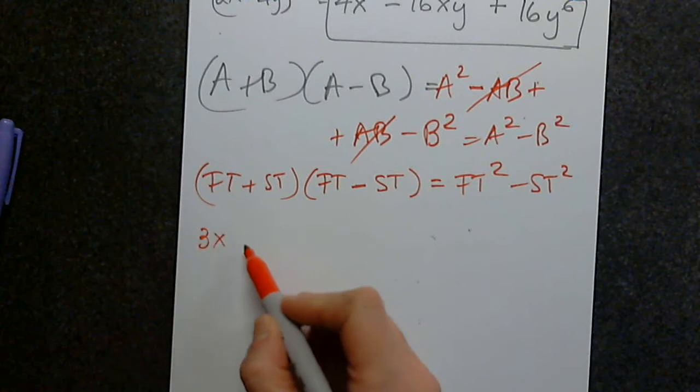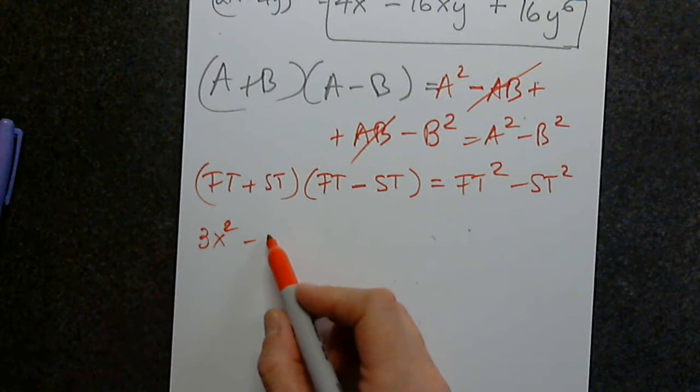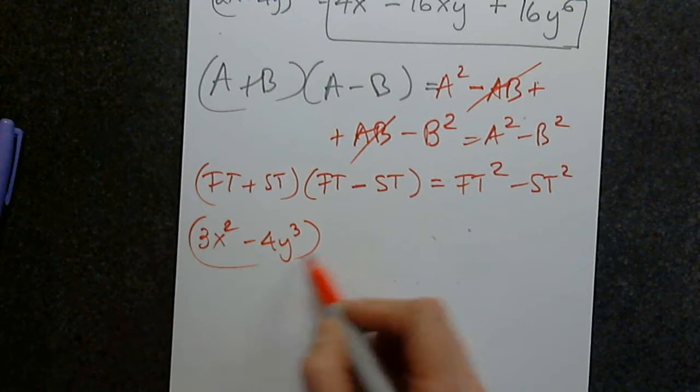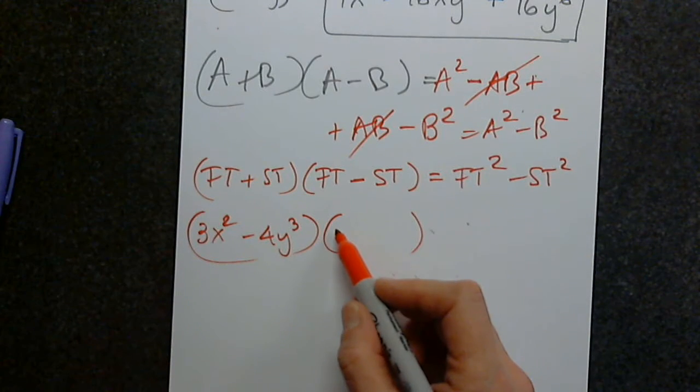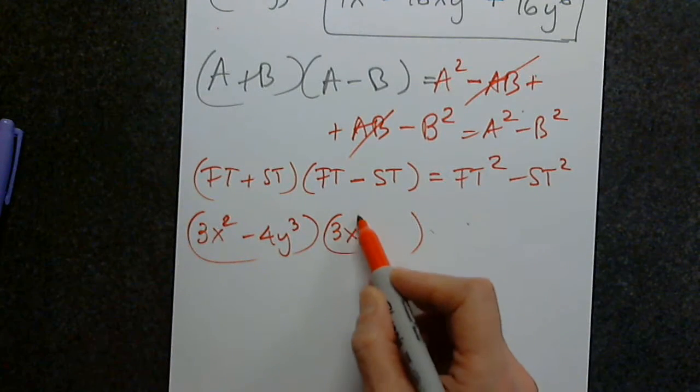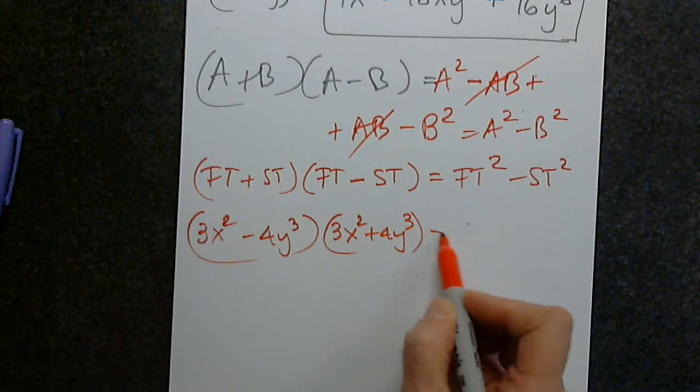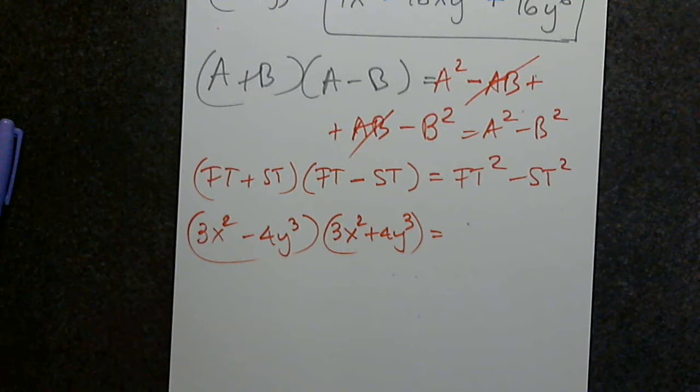Let's say 3x squared minus 4y cubed. What will be the next one? If I want to use this particular special product. 3x squared plus. Exactly. Otherwise, I cannot use it. They have to be identical, and the difference is one has plus, one has minus.